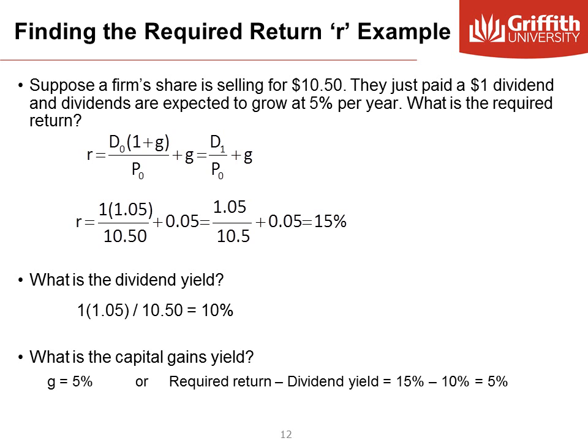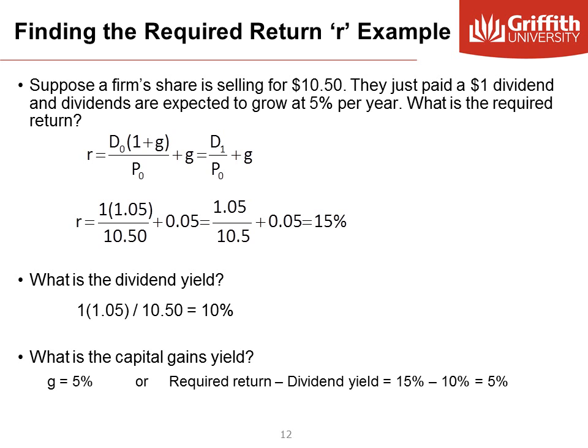So first of all, remember we have to calculate D1 because the model requires the future dividend, not the current dividend, not D0, the dividend that has just been paid. So first we take $1 and multiply it by 1.05, and then we perform the calculation, and we find that the implied return or the required return is 15%.